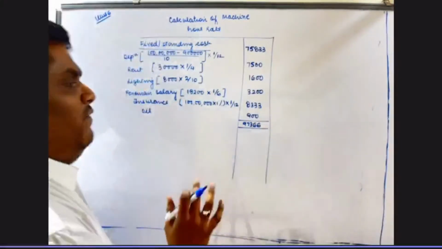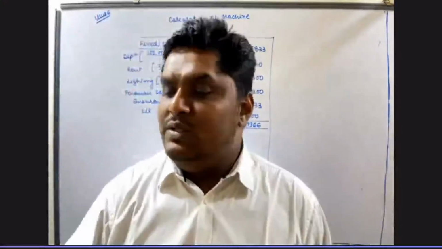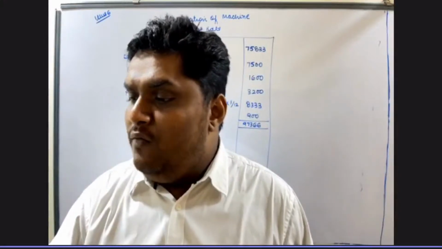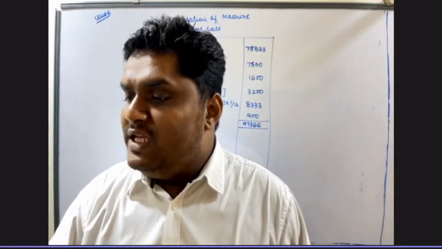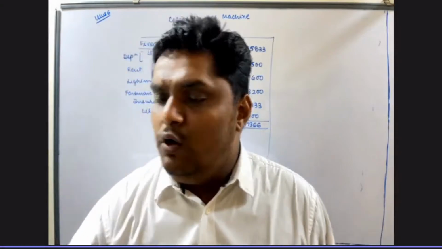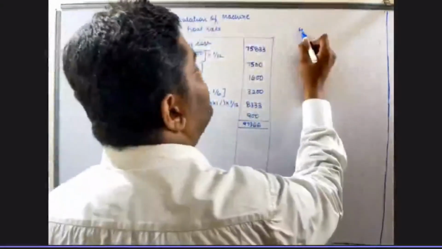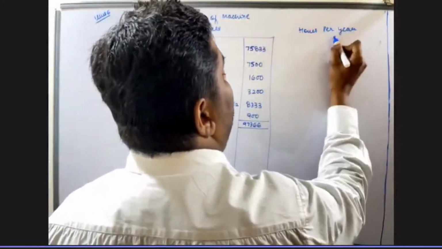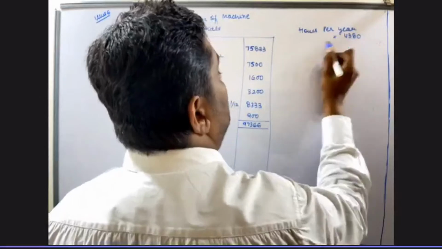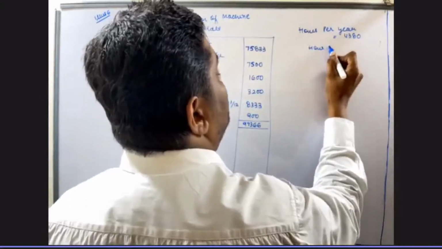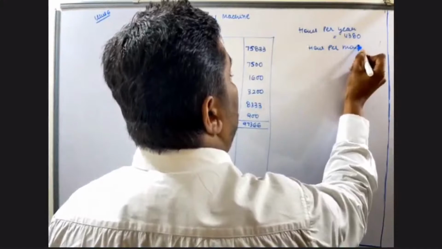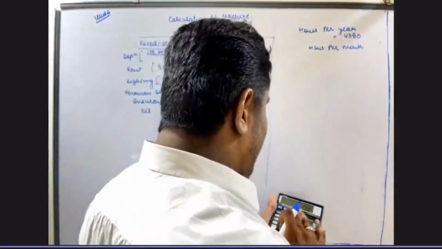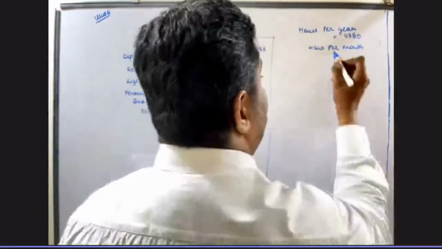Now we'll calculate it on an hourly basis. So this is the total fixed cost, and further it is given that the total number of hours that we are expected to run is 4,380 per year. So hours per month will be how much? 4,380 divided by 12, that is 365 hours per month.